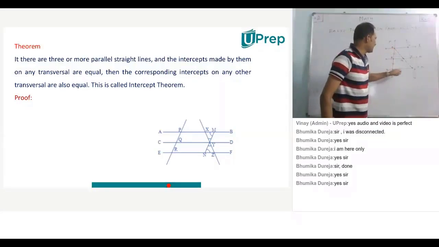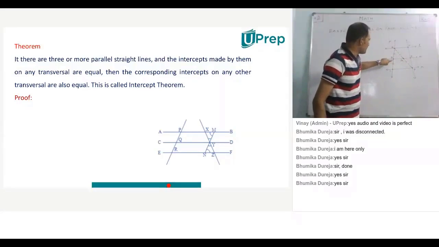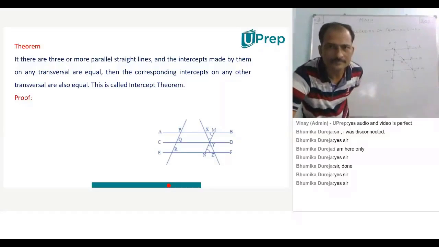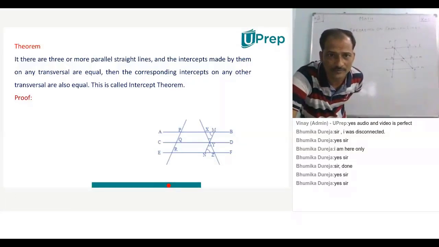ACF is a triangle. B is the midpoint of AC and BG is parallel to CF. Yes or no? Yes, sir.